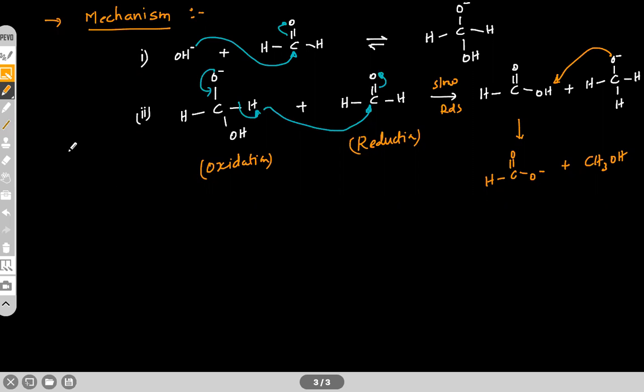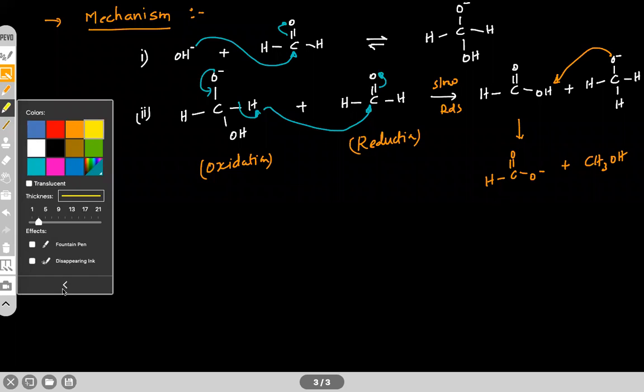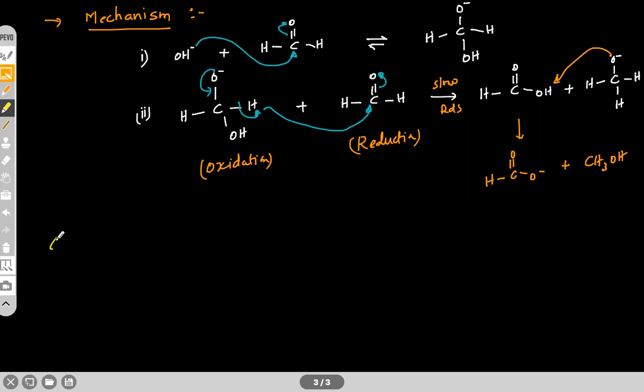Done. So suppose we have one molecule like this. Always we take two molecules of this. Remember that. With no alpha hydrogen. For example, we have PhCHO with concentrated base, concentrated OH minus. One molecule will get oxidized, two molecules of this.